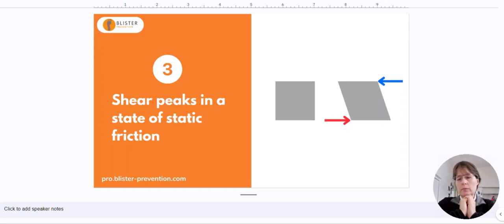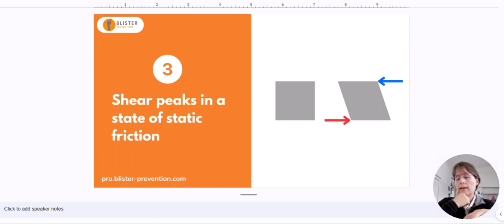Now, all other things being equal, i.e. the bone has to move a set amount, the higher the friction, the more the mismatch, the larger the shear deformation. So one way we can reduce the shear that occurs in this viscoelastic box, assuming that the bone has to move a certain amount, is we can release the bottom of the box from the hold of friction by reducing friction levels.